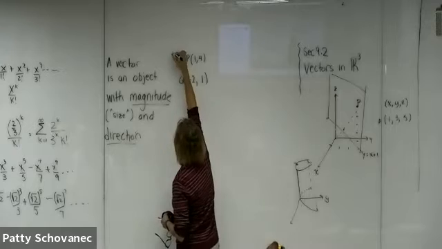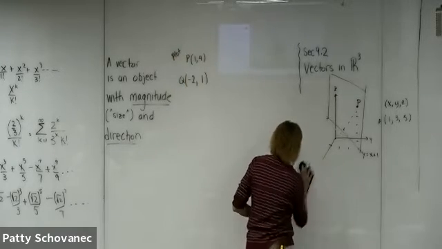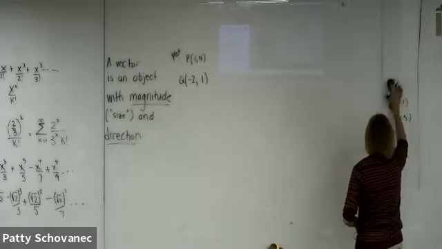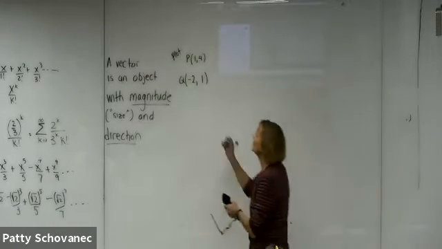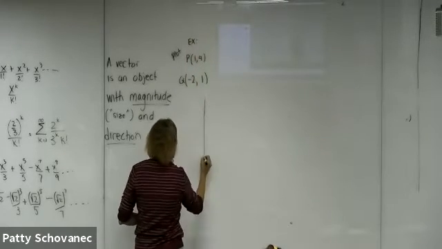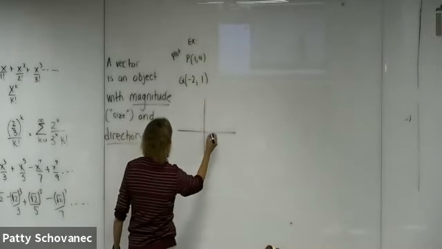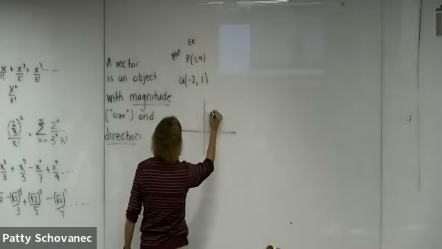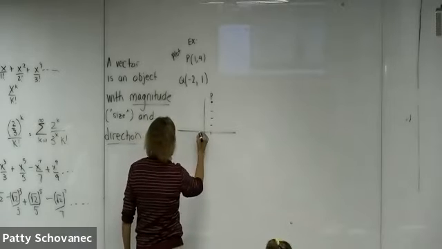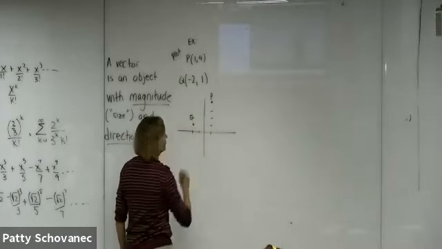Plot those points in the XY plane. X is 1, Y is 4, there's point P. X is -2, Y is 1, there's point Q.